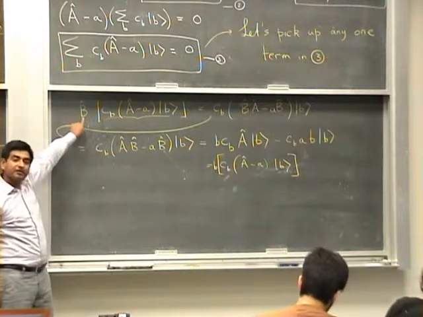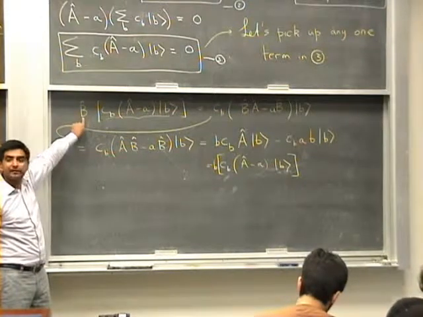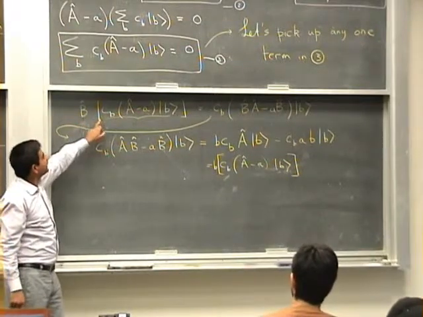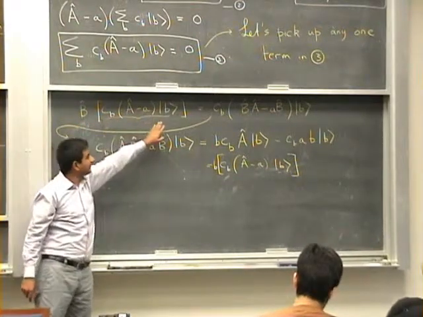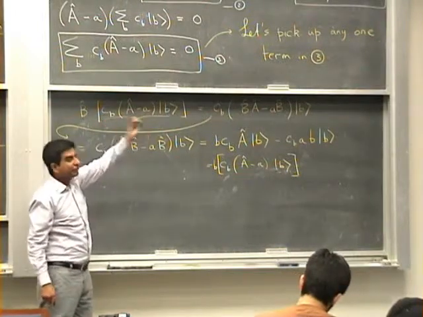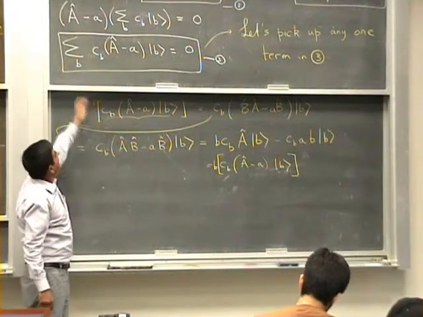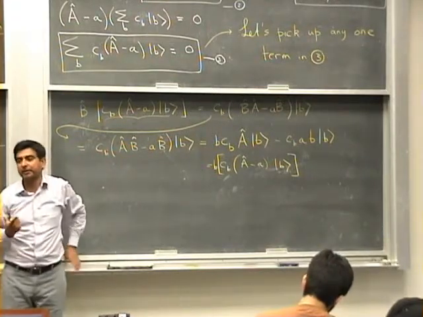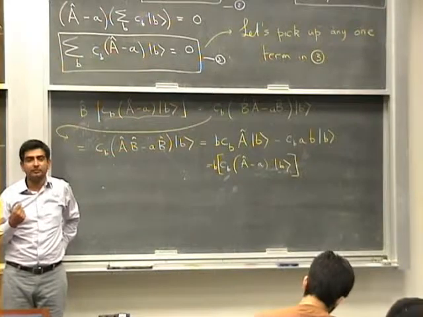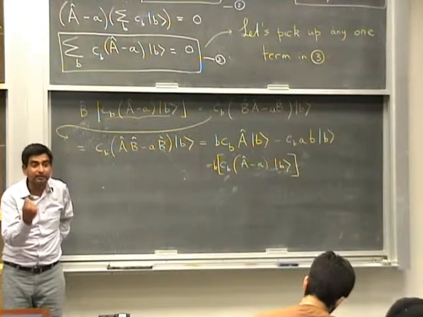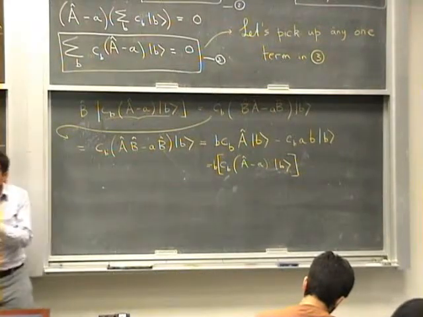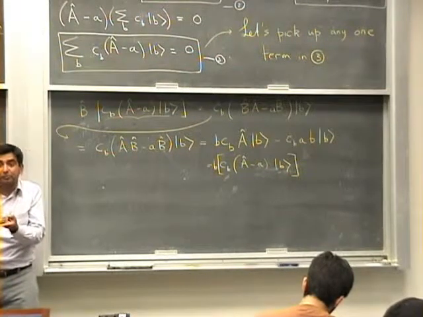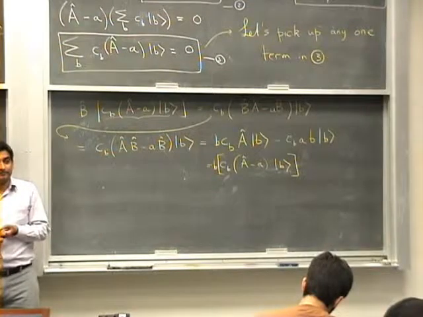Now, is B a Hermitian operator? Yes, it is. This is an eigenstate of B. So if I choose this state with a particular value of b, and then I vary all the b's, all of these eigenstates will have a special property. They will be orthogonal, because the eigenstates of a Hermitian operator can always be chosen to be orthogonal, right?